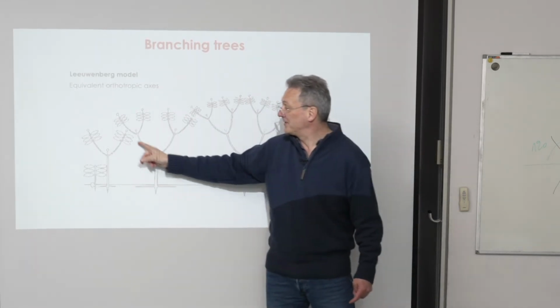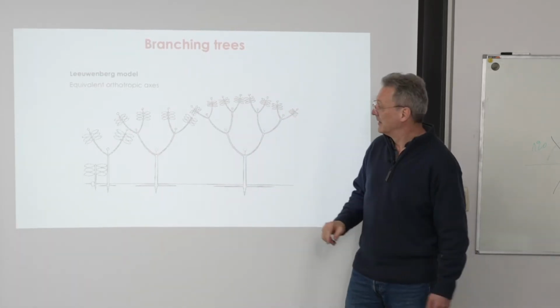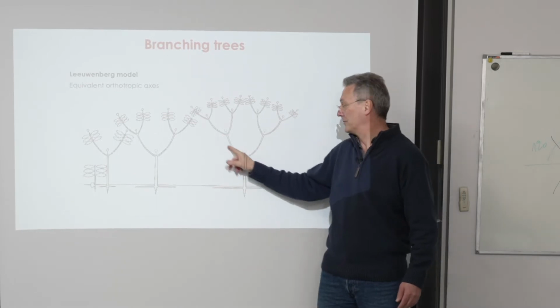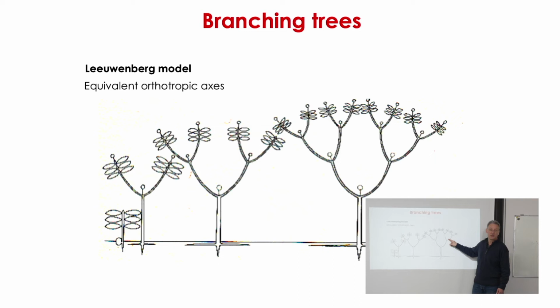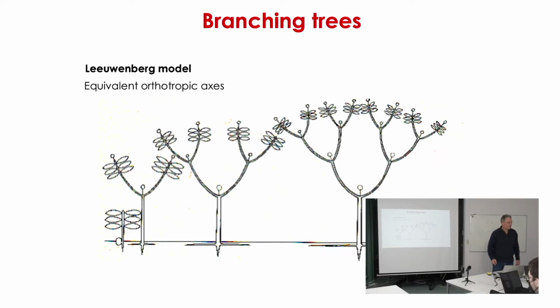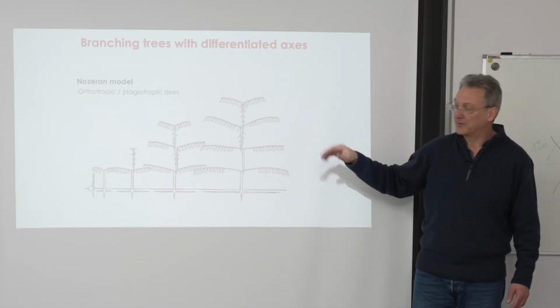And then these branches, in turn, will make a small shoot, and they will again, in turn, get to the terminal flower. And then again and again, this process will repeat. And you see that the structure that is being built is something like a dichotomic structure. And this is called the Leeuwenberg model. So you have different types of models. I don't want to enter into all the models.